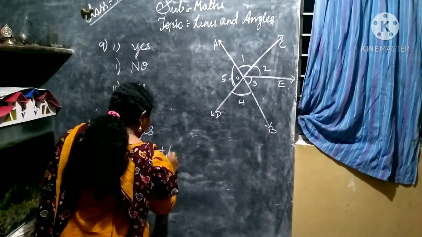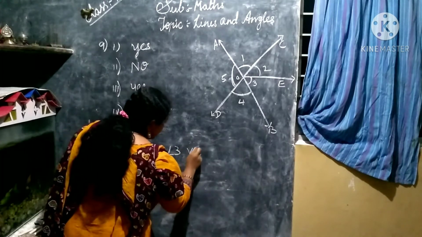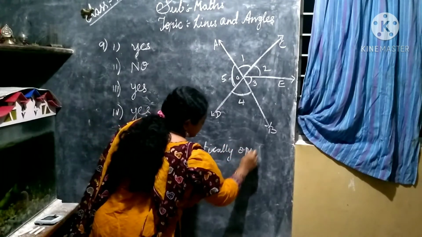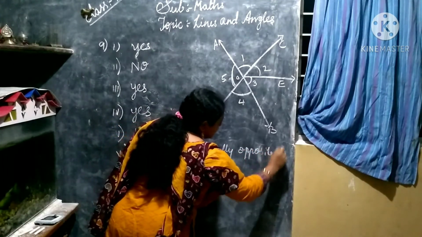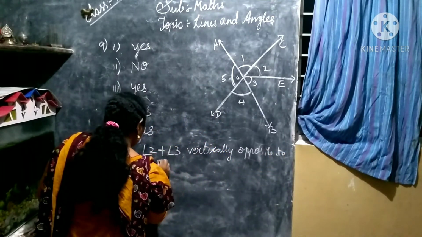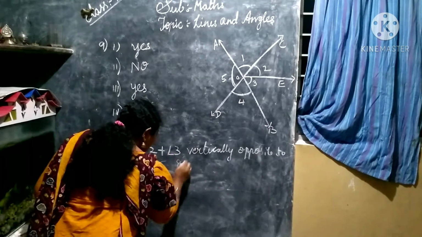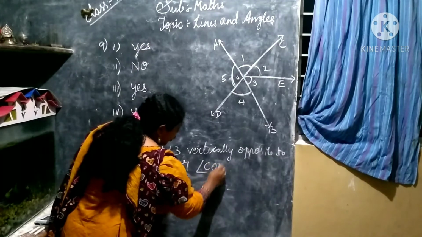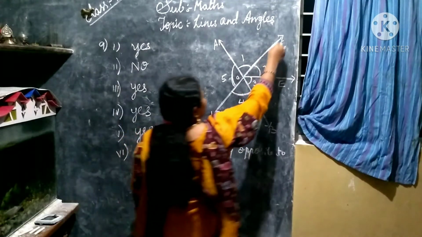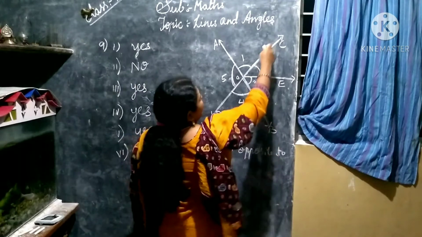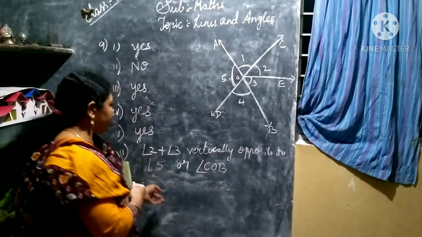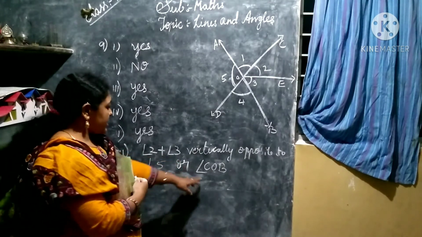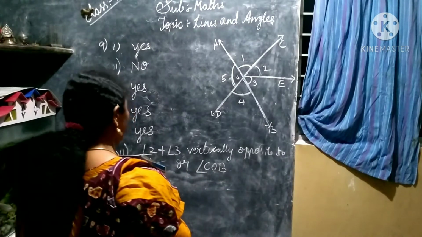Angle 2 plus angle 3 is vertically opposite to angle 5, or you can write it as angle COB. Okay, we can write directly angle COB. This particular angle is opposite to angle 5. Either write angle 2 plus angle 3 or write angle COB is vertically opposite to angle 5.